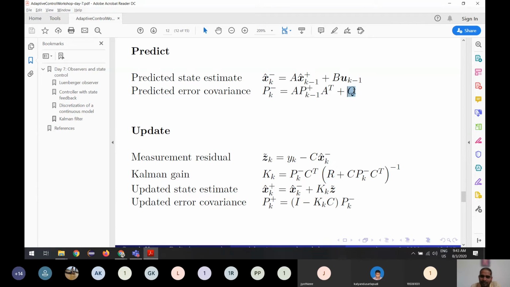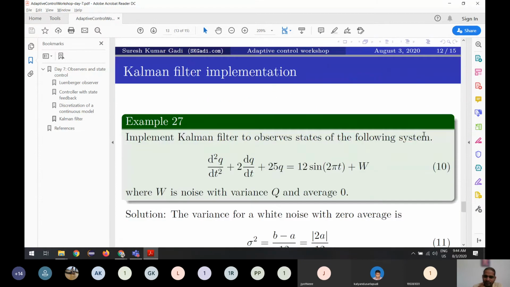In the case of giving, we are giving with certain noise. So the noise is Q, the variance is Q. The Q is actually not one value, it is a variance matrix. So you want to say how much you are giving to each state. In this case, we are going to see one case with noise only to the second state.